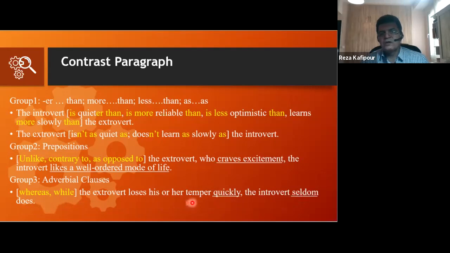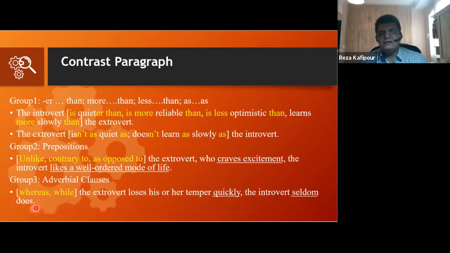One of them loses temper quickly, the other one will not lose temper quickly. So this is the structure, or using "while": while the extrovert loses his or her temper quickly, the introvert seldom does.